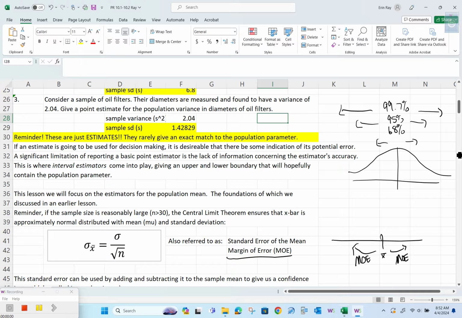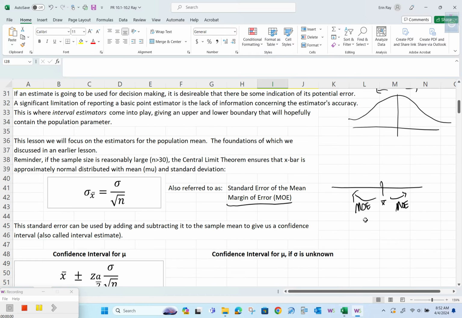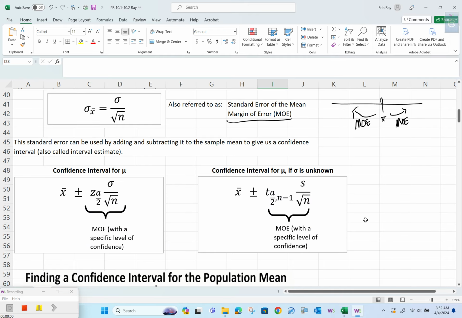You're going to be given, what if we want to be 96% positive that our true mean falls within some interval? Well, that's going to mean we have to calculate what value of standard deviations away we are, and that for us, remember, is a z-score. Okay, a z-score is the number of standard deviations away. So our actual formula for margin of error isn't just this standard deviation, because it's not always nice.